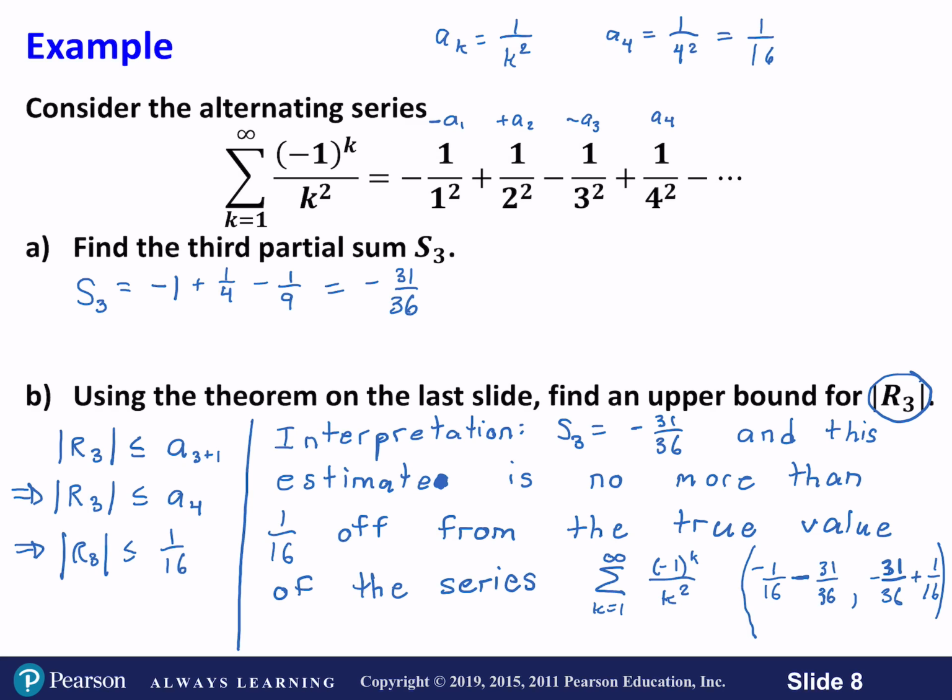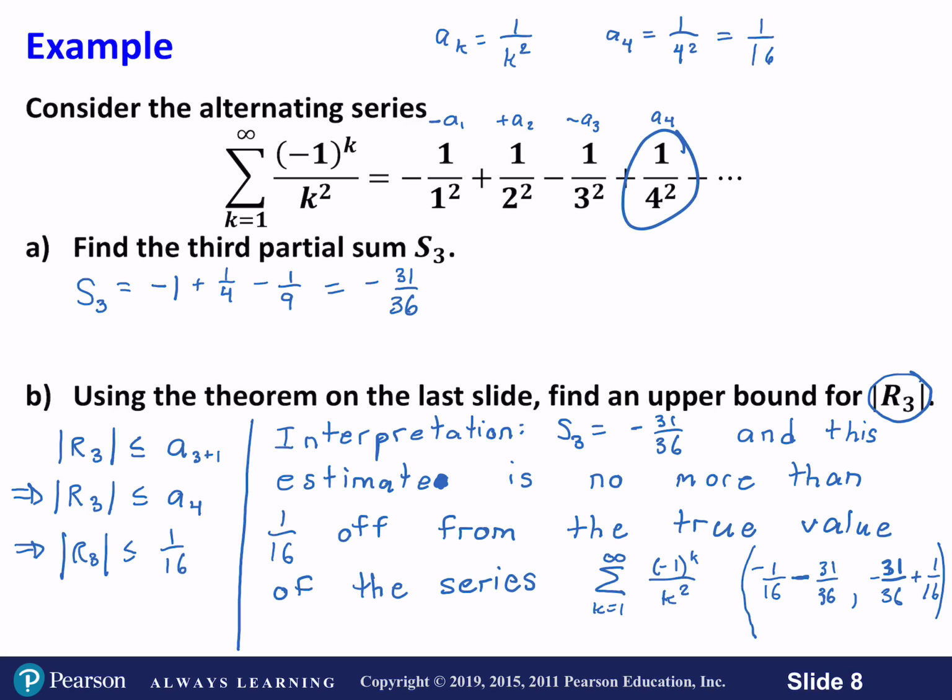So it is somewhere in that range. Okay, so that's a pretty easy test, in my opinion. All you have to do is check the first omitted term from your series. All right.